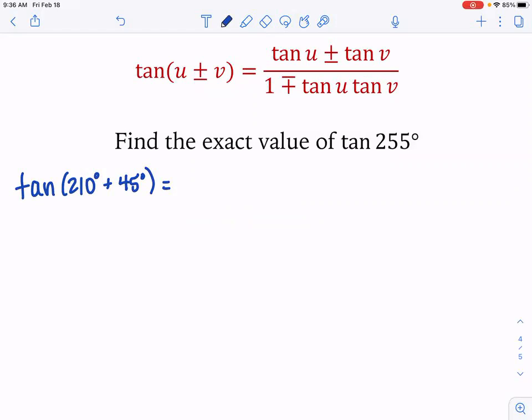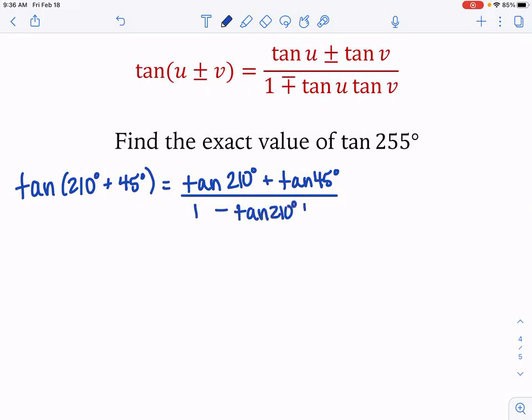Okay, so let's apply this formula. We have the tangent of u plus the tangent of v over 1 minus tangent u tangent v. Okay, tangent of 210 degrees.